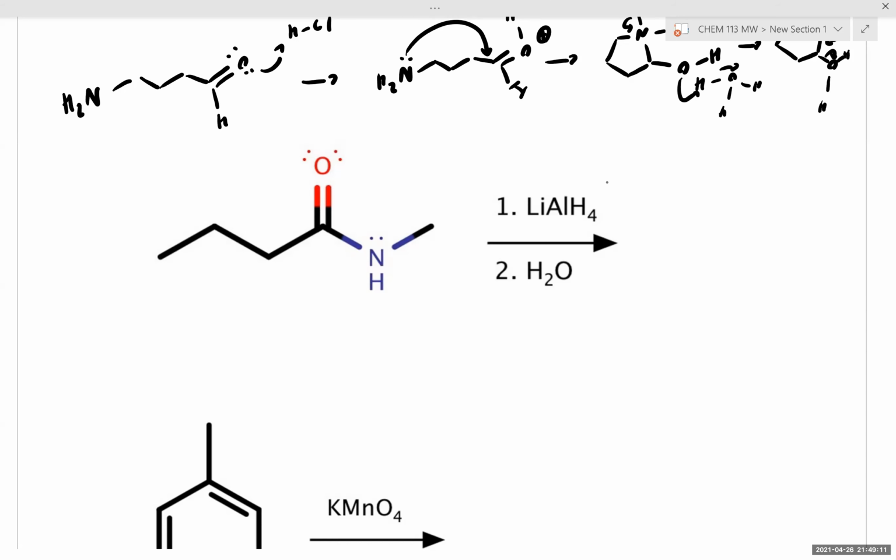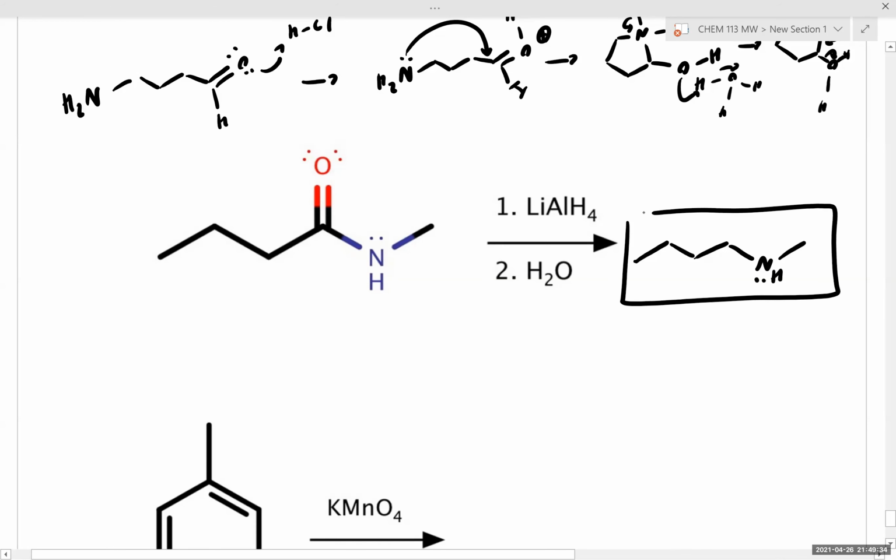What does the class think? An amine, yeah. As we discussed in the reactivity of amides and nitriles, reduction of amides and nitriles yields the corresponding amine. Any questions on this example?